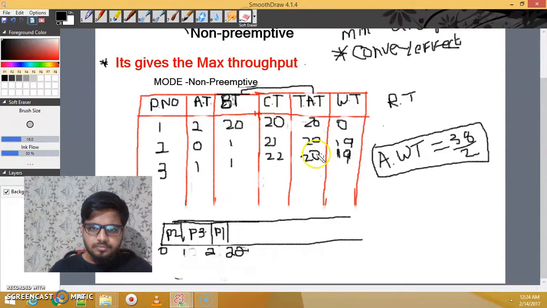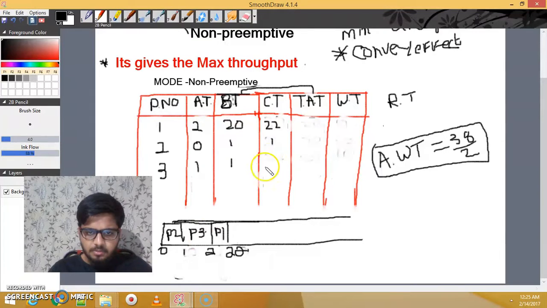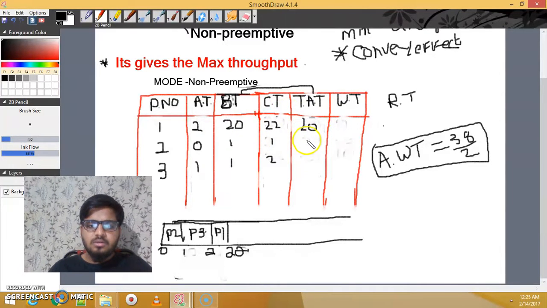Now I'll calculate this. Process P1 is completed at 22, process P2 at 1, and process P3 at 2. Turnaround time is completion time minus arrival time. For P1 it is 20, for P2 it is 1 minus 0, which is 1, and for P3 it is 2.